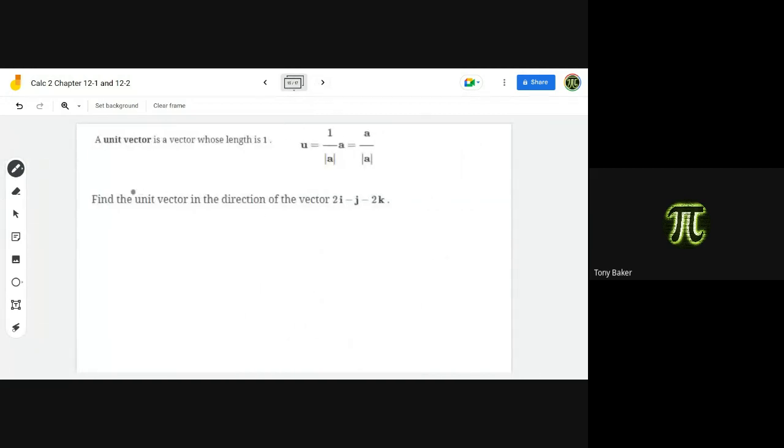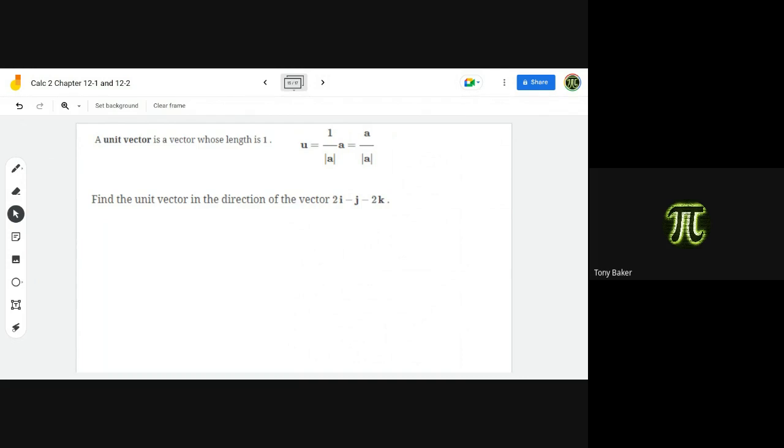All right, one more thing we have to look for is what's known as our unit vector. The unit vector is just like the unit circle, its length is 1. So a unit vector is a vector whose length is 1. I can change any vector into a unit vector.